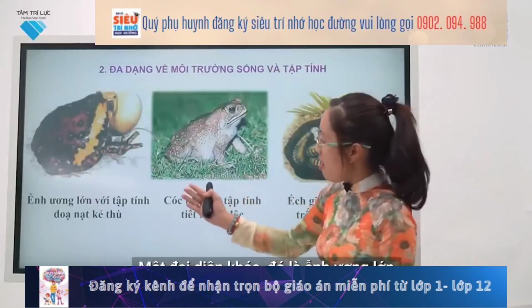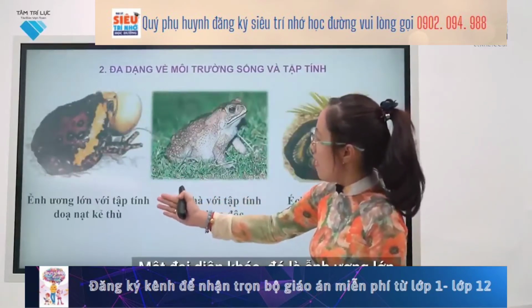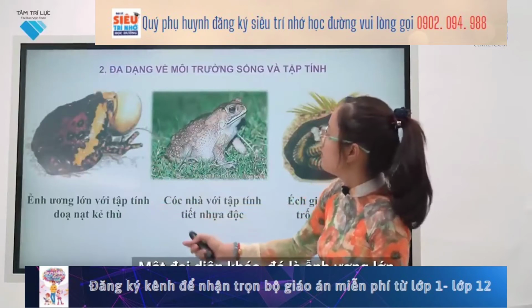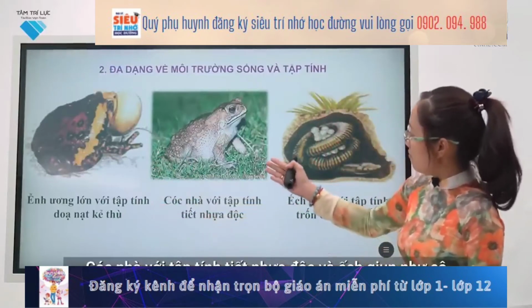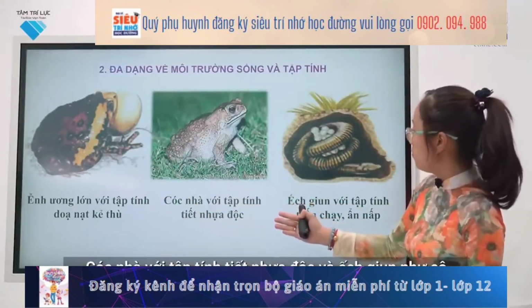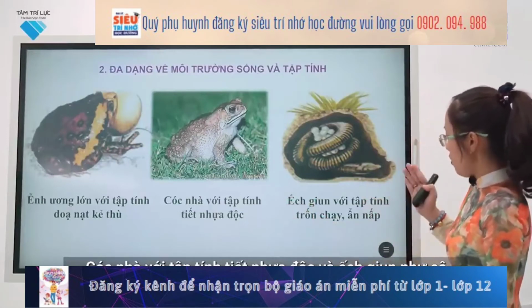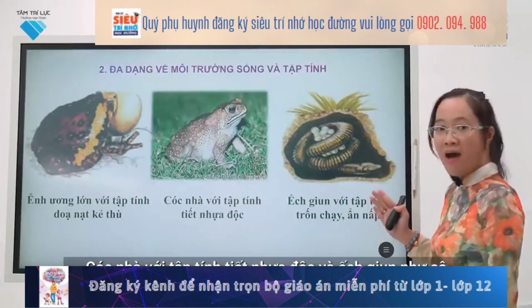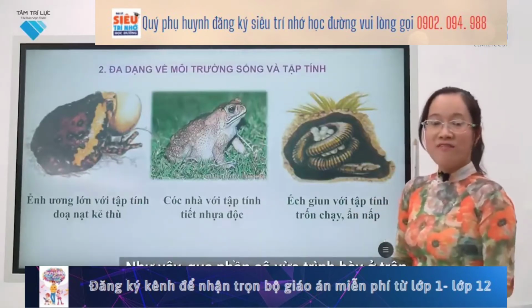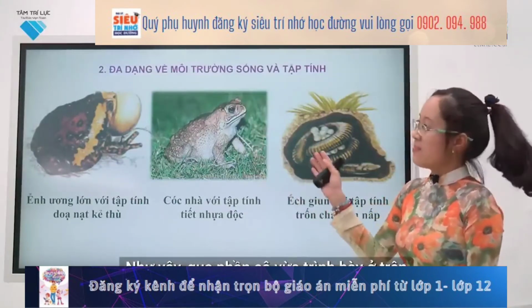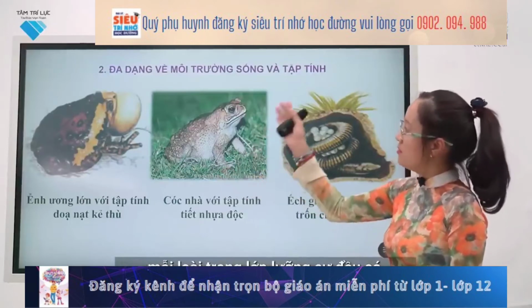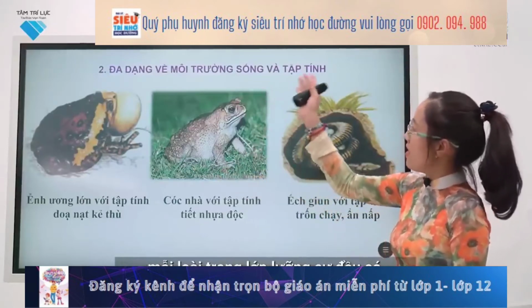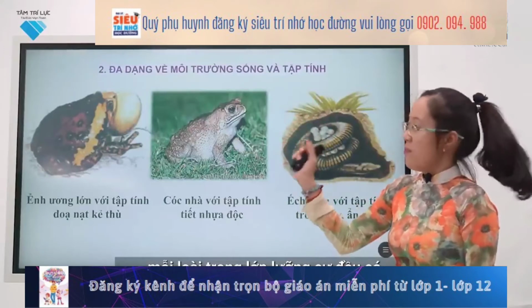Another representative is the large banded bullfrog, whose behavior is to intimidate the enemy. The house toad has poisonous secretions, and the Ichthyosaurus glutinosus, as I described in the previous part, runs away and hides. Thus, through the part I just presented, you can see that each species in the amphibian class has a very different habitat and behavior.